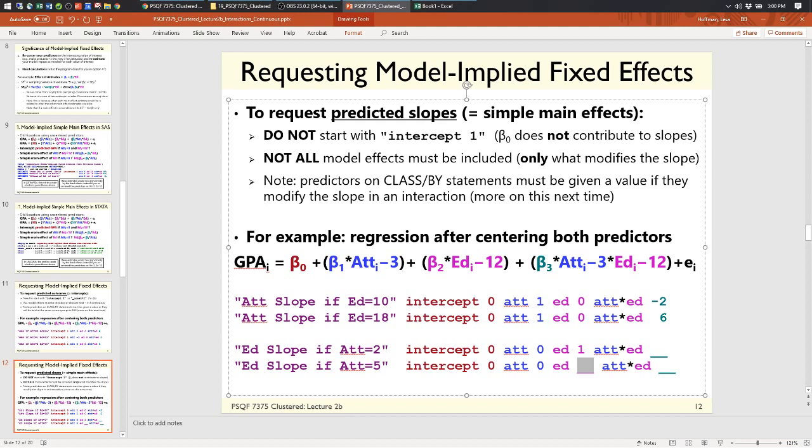It's beta 2 plus some other stuff if education moves off the centering point. Now what goes in the interaction term, if I want the education slope for attitudes equals 2? -1. And here, if it's attitudes 5, 2.